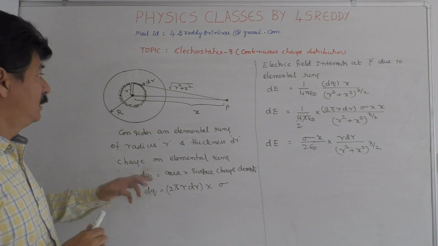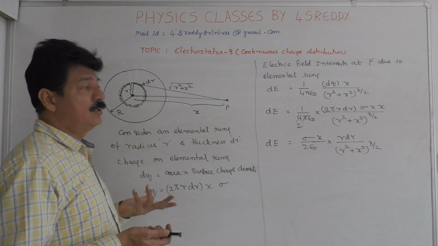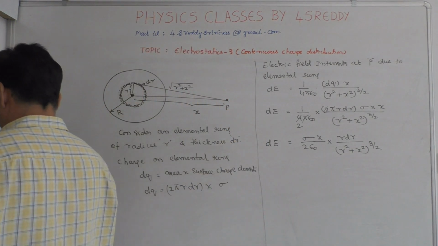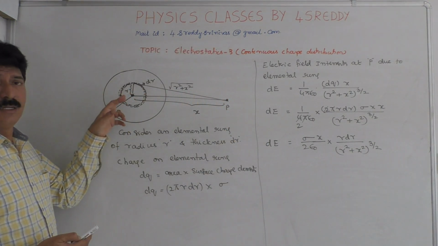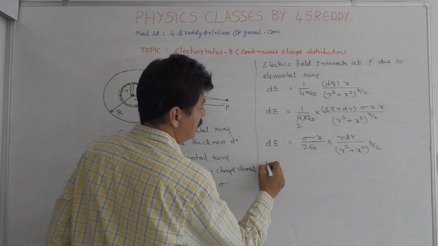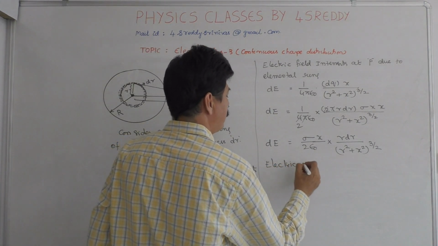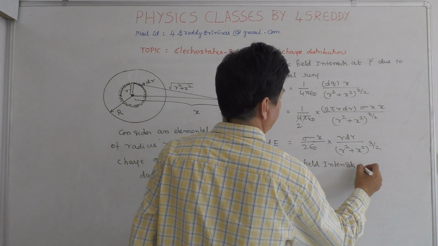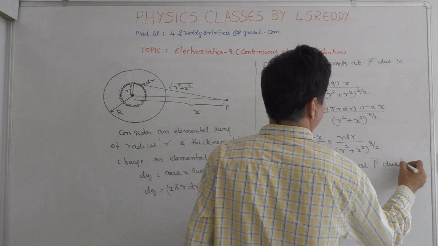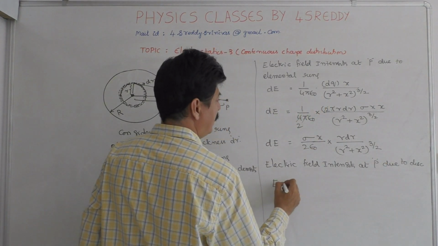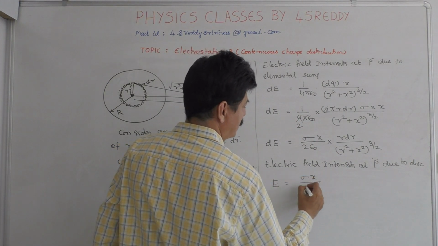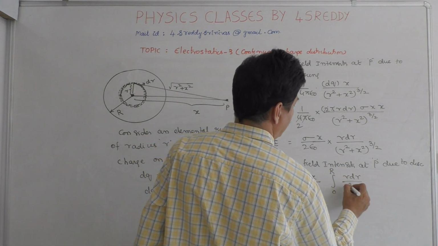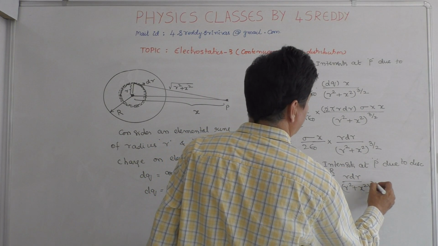Here, r is varying from 0 to capital R. Therefore, the electric field intensity at P due to the disk is given by E is equals to sigma x by 2 epsilon naught integral 0 to R, r dr by (r square plus x square) whole power 3 by 2.